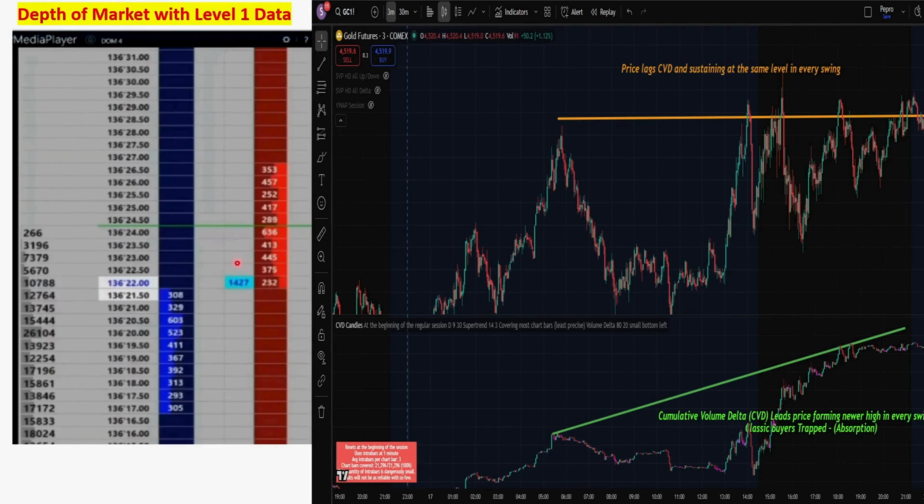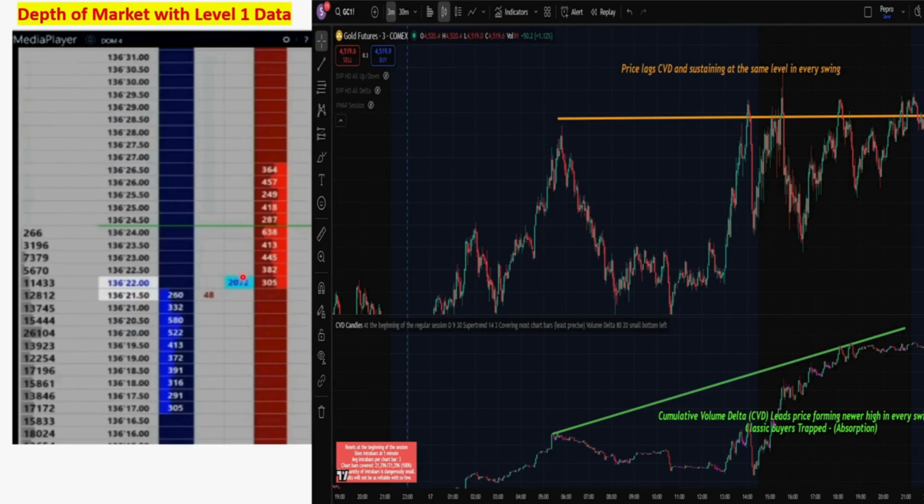As we watch the video, you will notice that at the level 136.22, aggressive buyers come in starting with 100 contracts, then 200, 300, 600, even 1400 and up to 2000 contracts, all bought at that price level.